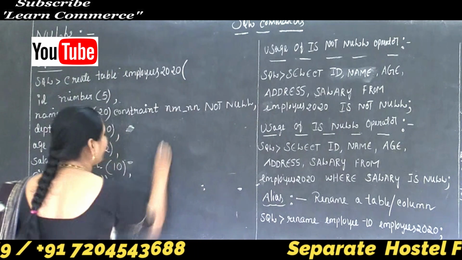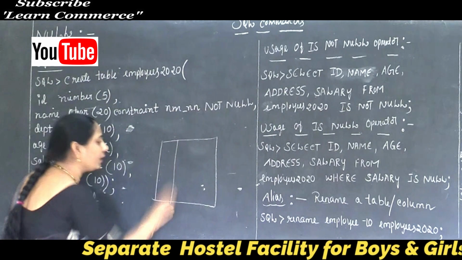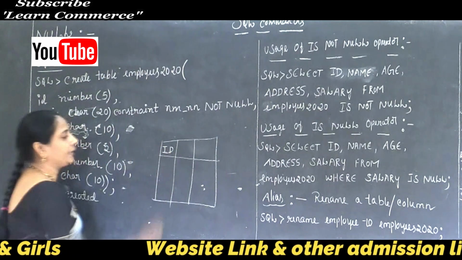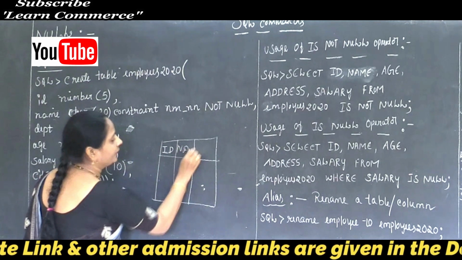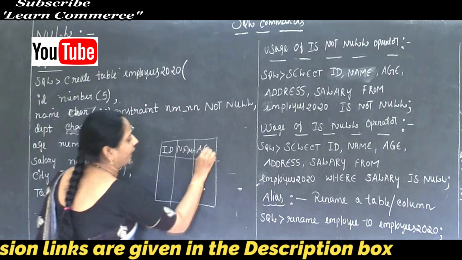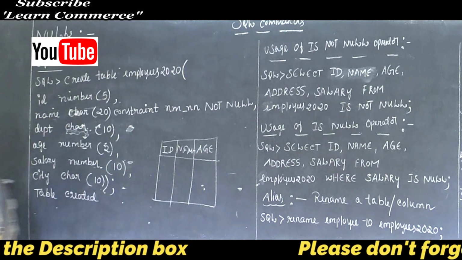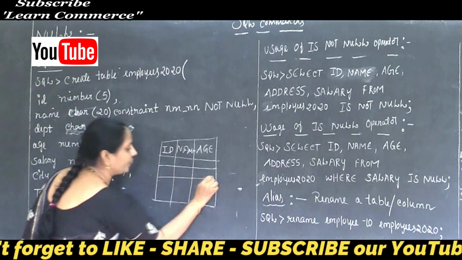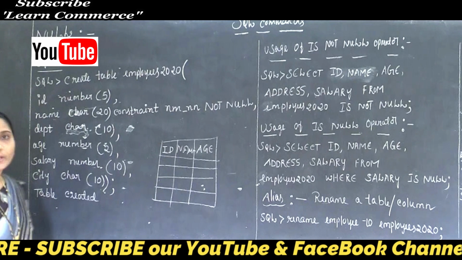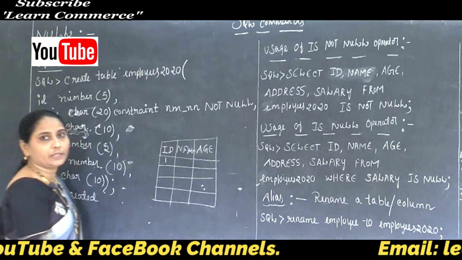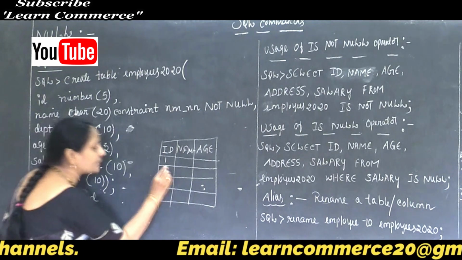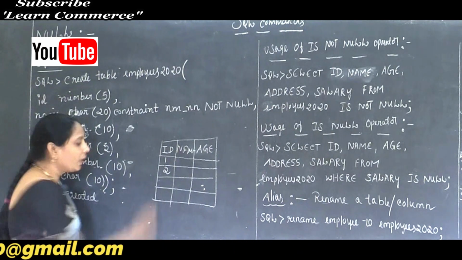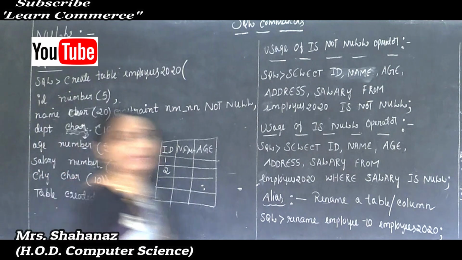Suppose this is your table, and in the table there are some columns: the first column is ID, the second column is name and the third one is age. Each of these is called a cell. In each cell we enter some values. In the first cell I enter the value 1, in the second cell I enter the value 2, but in the third cell I am not going to enter any value.